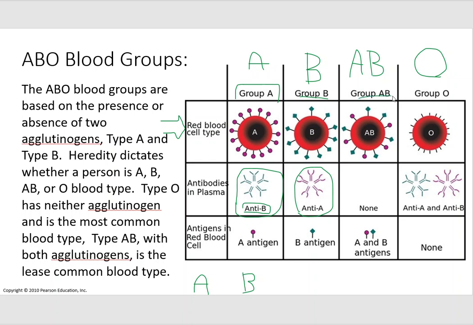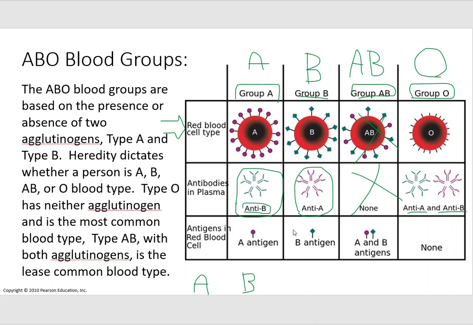Well, what if you've got A and B? Well, guess what? You can't have any antibodies because if you did, it would attack your own cells. If you had anti-A or anti-B, these cells would be killed, and that's not a good idea. However, if you've got group O and you don't have any antigens, you're going to have anti-A and anti-B.